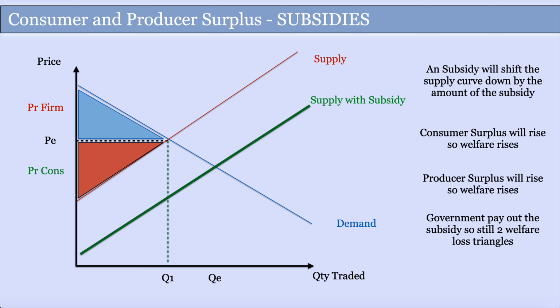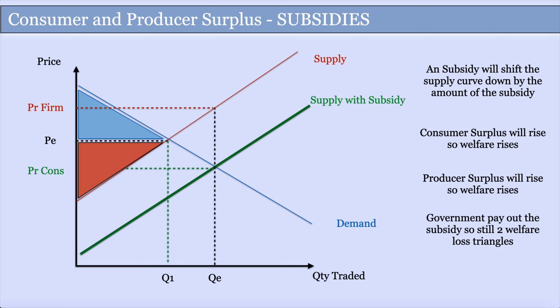So it reduces the price in the market to here, and therefore that's the new consumer price there. The price the consumer pays is down here, but then remember, the firms receive that from the market and then that much from the government, and so the firms end up getting a higher price over there.